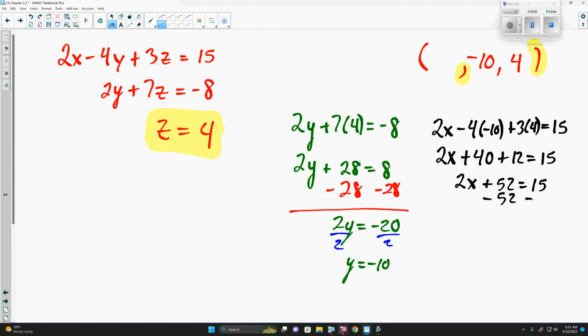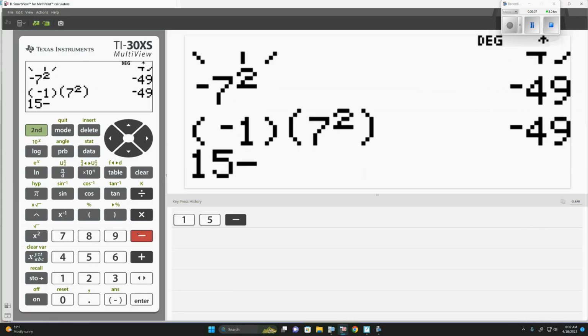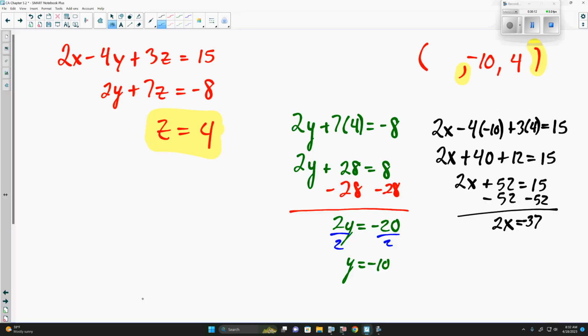And if we subtract 52 from both sides, 15 minus 52 is negative 37. And lastly, we divide both sides by 2, telling us x is equal to negative 18.5.